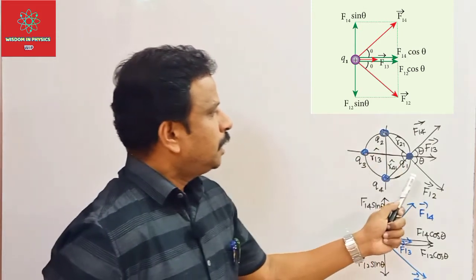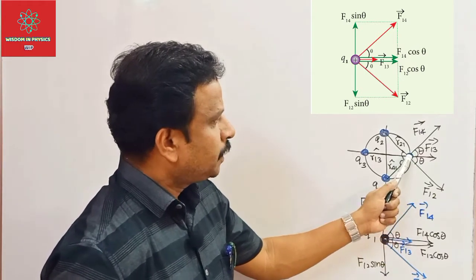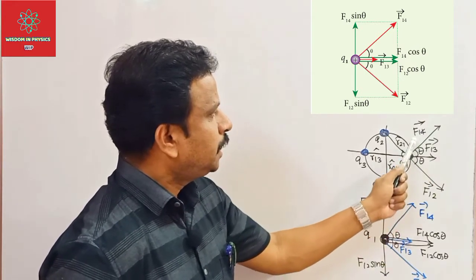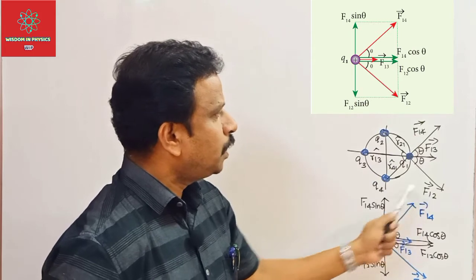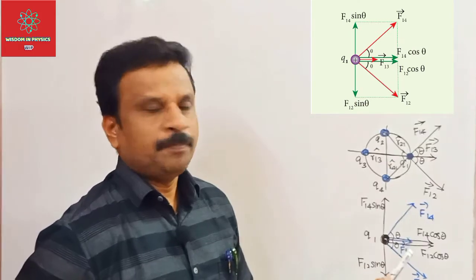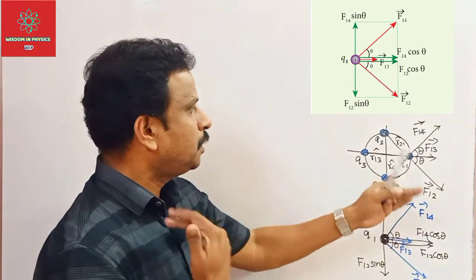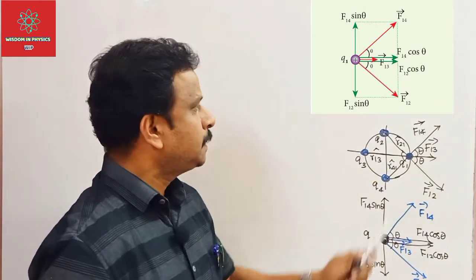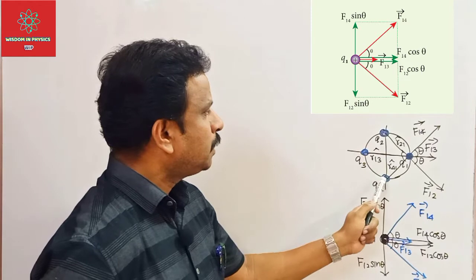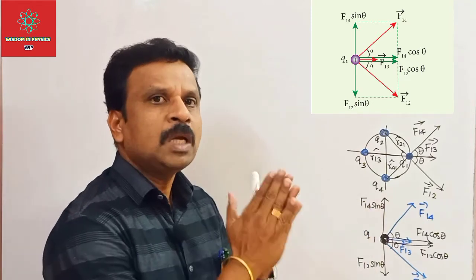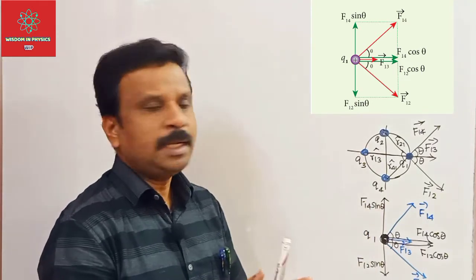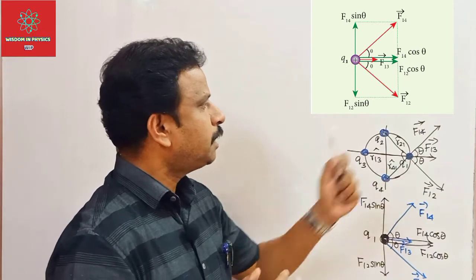See the diagram here. The arrow lengths of the F14 vector and F12 vector are the same, but the F13 vector is very short compared to these two lengths. The reason is the charges Q2 and Q4 are at equal distance from the charge Q1.